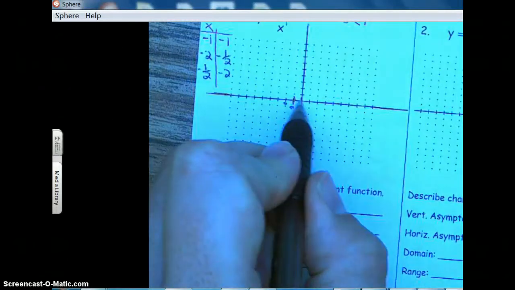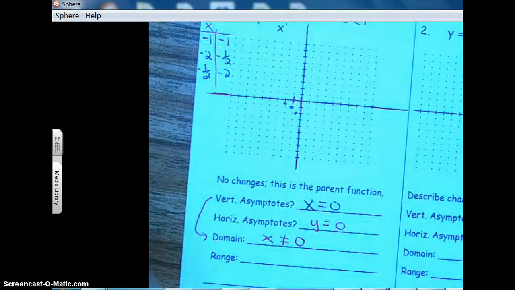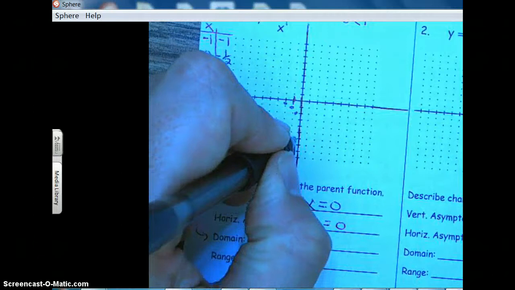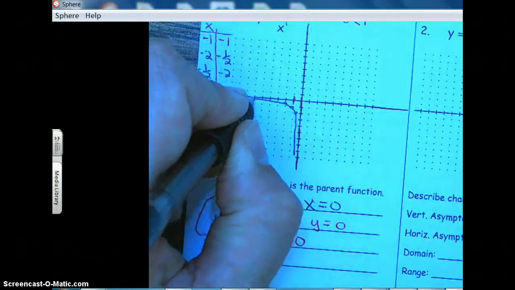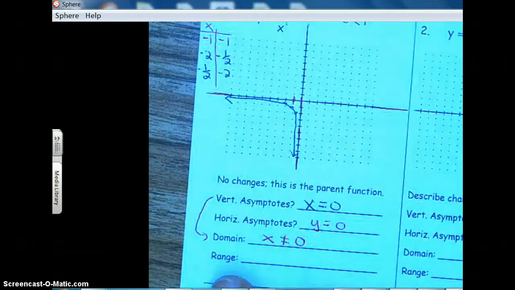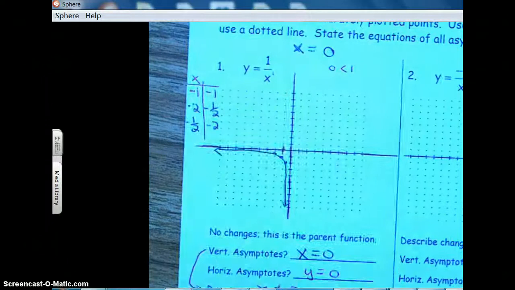So at -1/2 we go down 2. Alright, let's go ahead and draw in our graph. We start along one of the asymptotes, curve through the 3 points, and then along the other asymptote. Okay, let's do the other side.